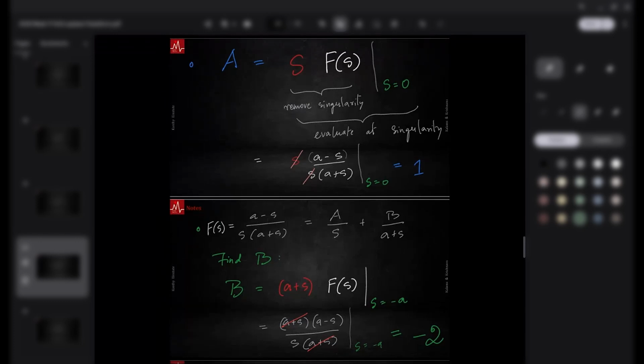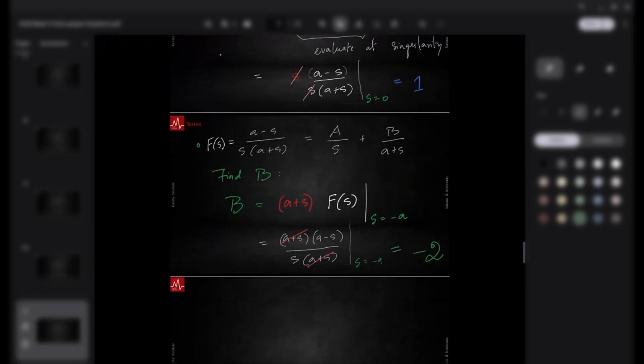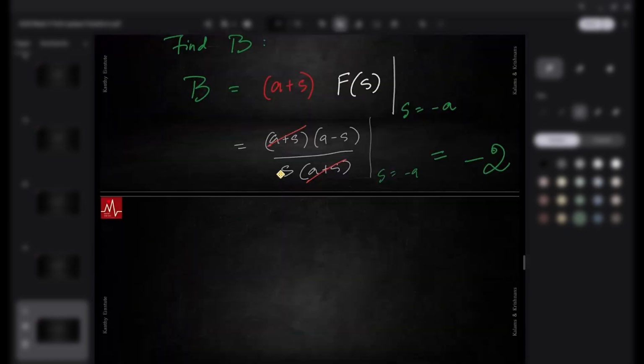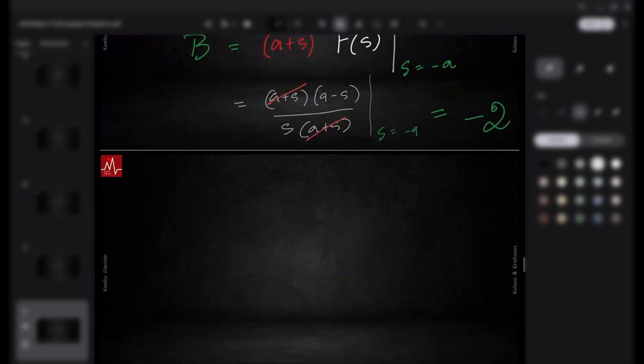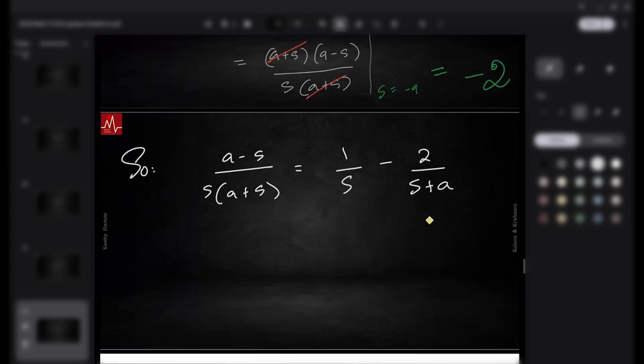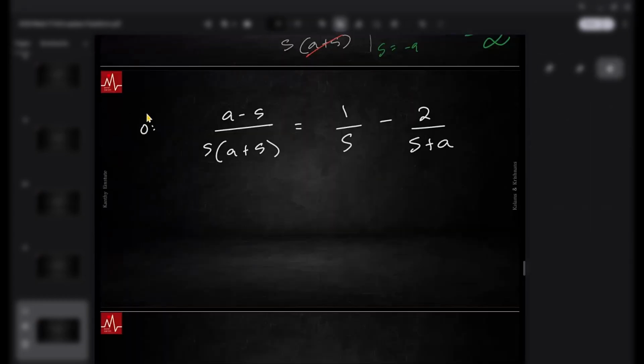That's it. Now we have found the constants. Now we are ready to conquer it. So A minus S by S into A plus S happens to be 1 by S minus 2 by S plus A. Technically, this is Y of S.